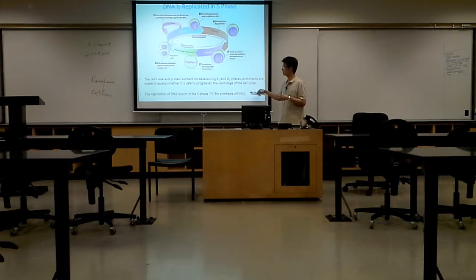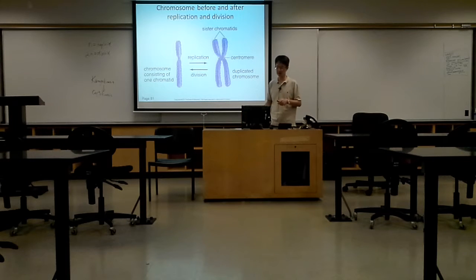As I told you, S stands for synthesis. That means the DNA replication is in S phase. This is interesting because I asked this question in my physiology class, and lots of people couldn't answer it. We covered it in Bio 3, but I'm surprised many physiology students do not remember.